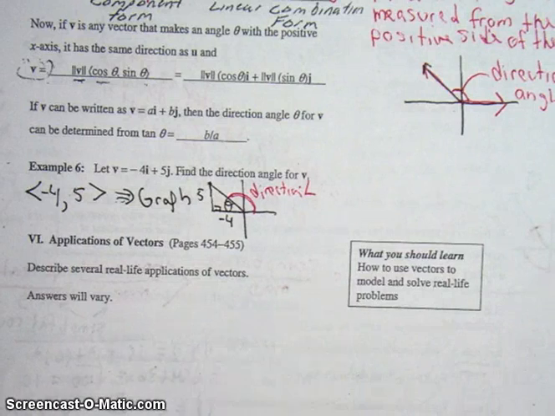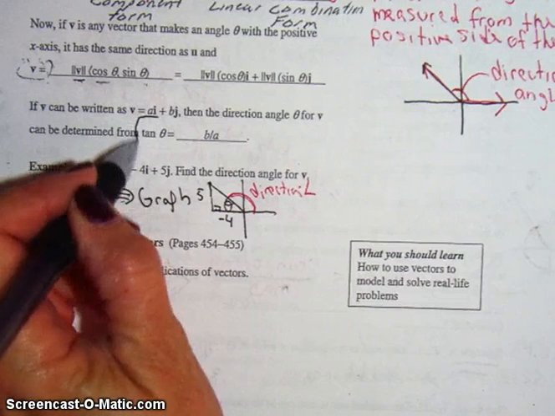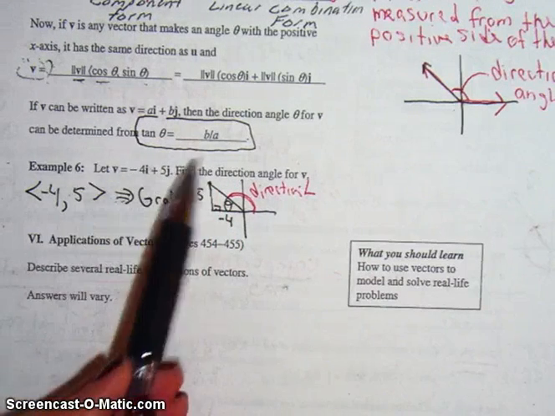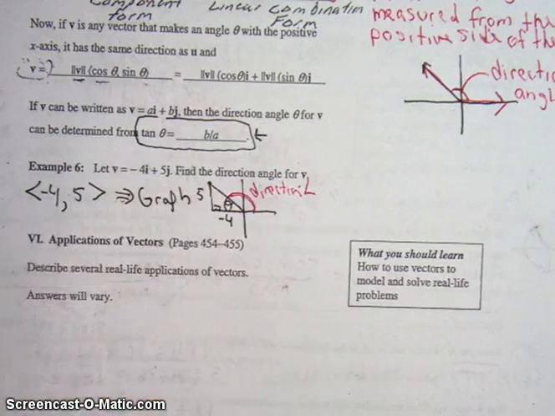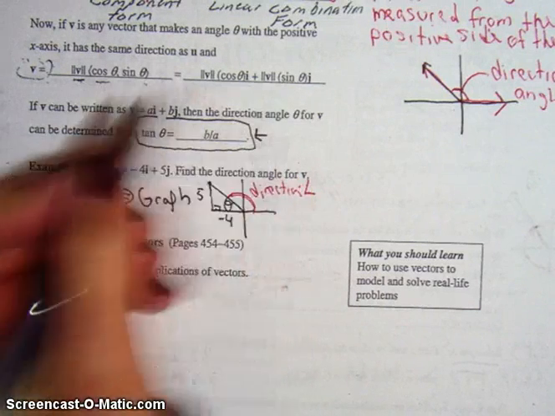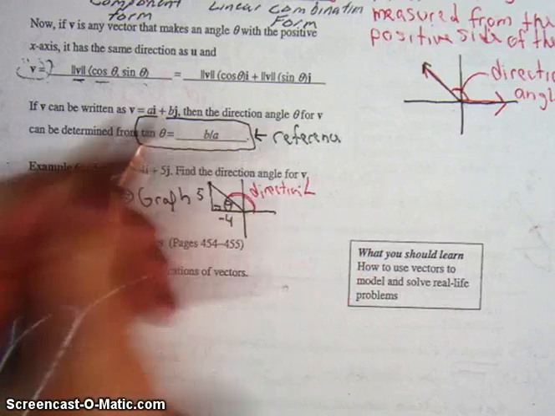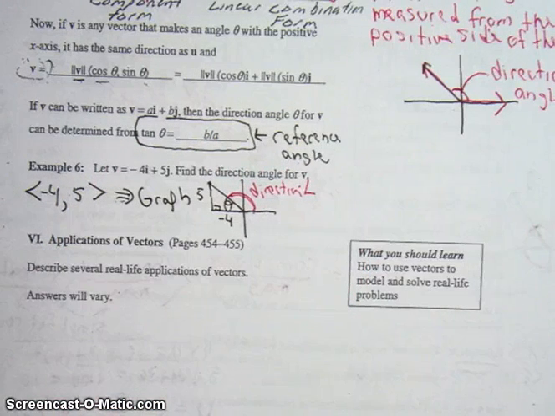You are exactly right, and that is actually stated right here. Is it always going to be tangent though? Yes, it's always going to be tangent, and this is going to give you the reference angle.